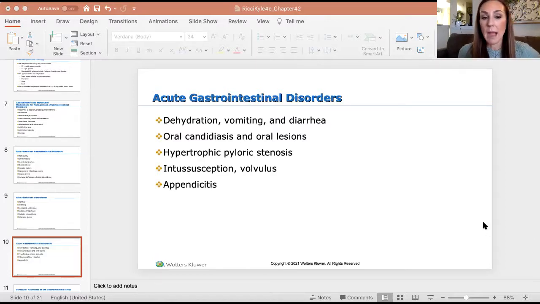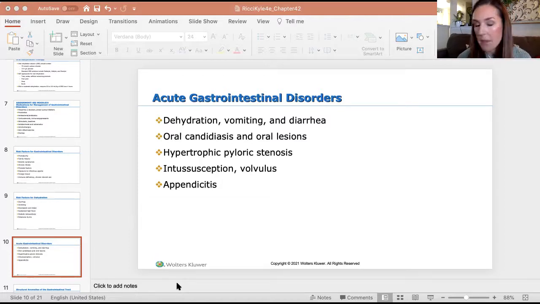So let's talk about pyloric stenosis. Here's on this screen here. Let me pull that up. Look how tiny that little baby is. Okay, so we know that the pyloric sphincter is between the stomach and the small intestines. So what happens there is there's actually a thickening of that pyloric sphincter and the smooth muscle of that stomach on the inside.